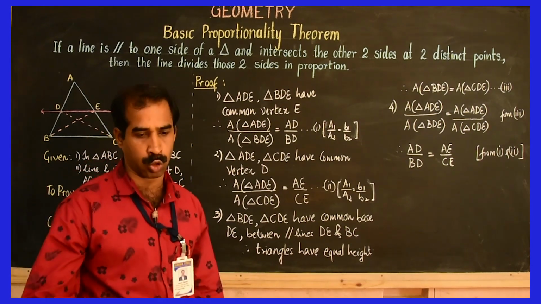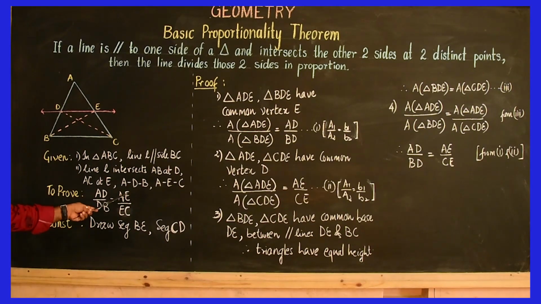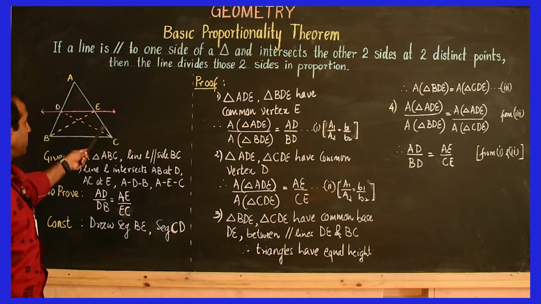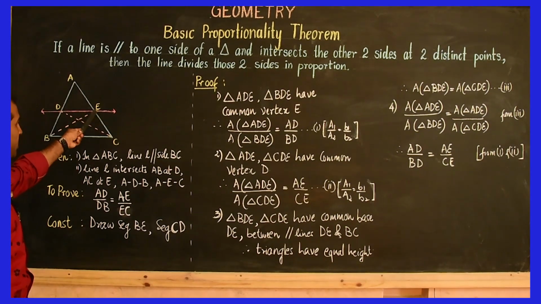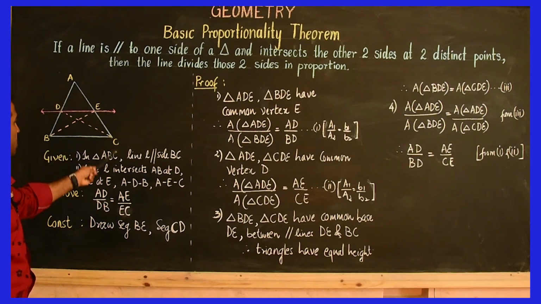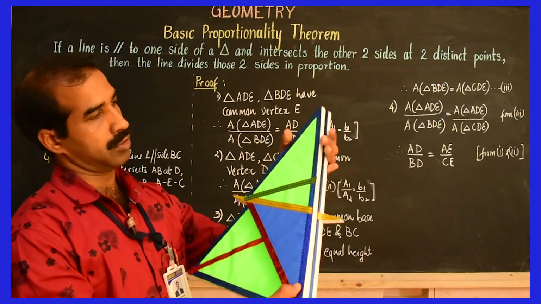Coming to point number 2, the right hand side of what is to be proved is AE upon EC. Now AE becomes the side of triangle ADE and EC becomes the side of triangle CDE. So we shall consider those two triangles.